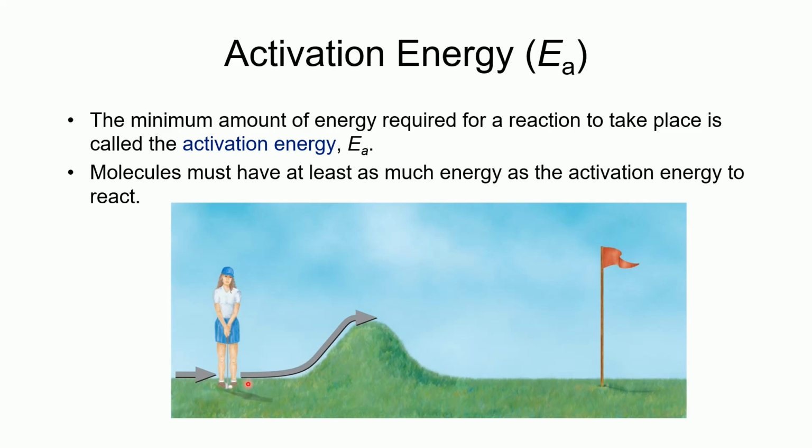And if you've ever played putt-putt or miniature golf, you know that if you hit the ball too lightly, it'll roll up the hill and roll right back down. And that's because it doesn't have enough energy. So none of the balls that you tap really lightly are going to get up over the hill. Well, none of the molecules that are going too slow are going to be able to react. So the molecules must have that minimum amount of energy.